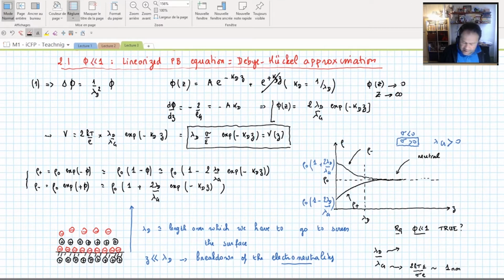We said that it will be, let's say, 10 nanometers for a concentration of salt of 10 millimole, which clearly says that, well, the Debye-Huckel approximation is wrong.